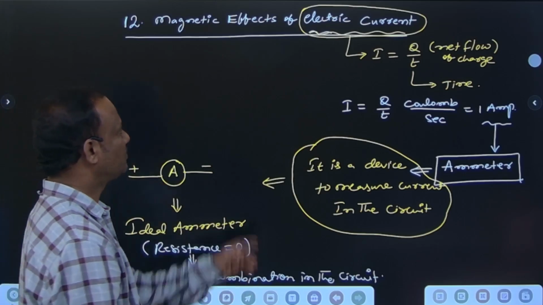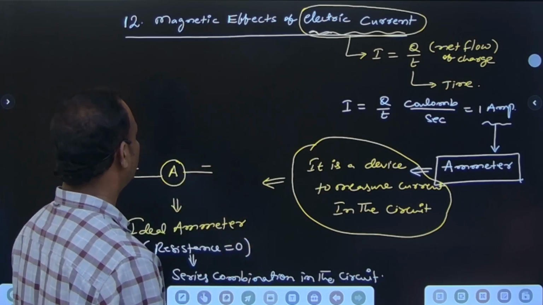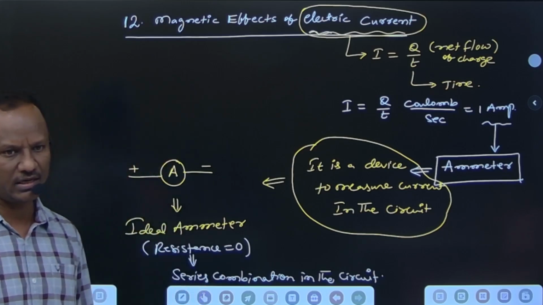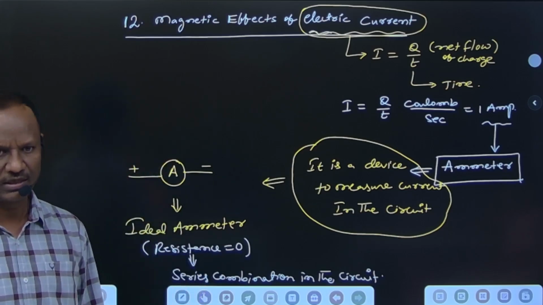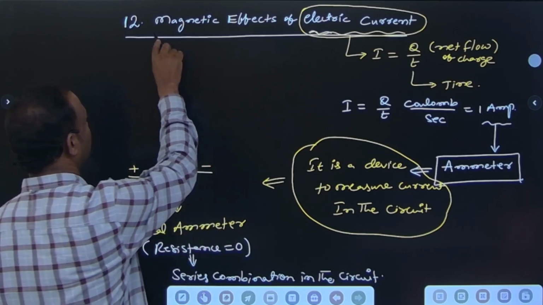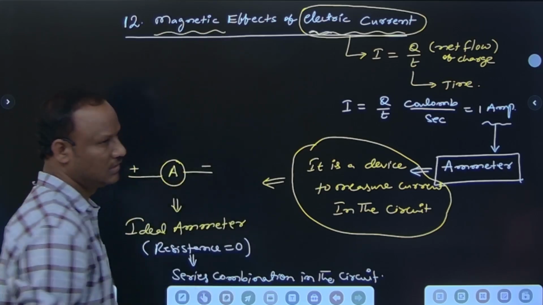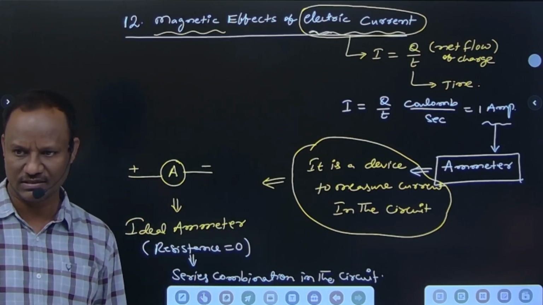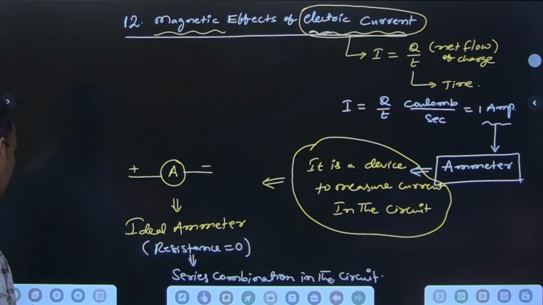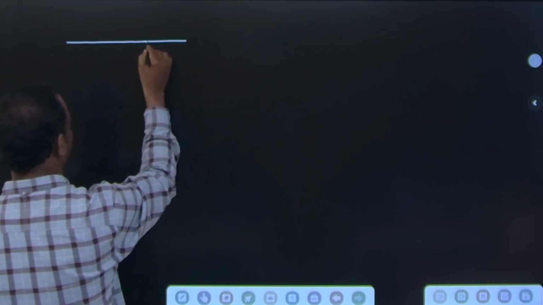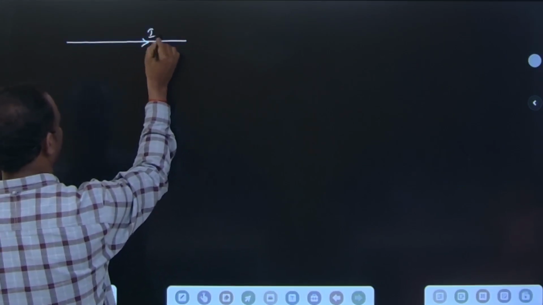When current is passing through any conductor, that is, a wire, it acts like a magnet, and a magnetic field is created around it. Take this example, when current is passing through the conductor. This is the direction of current.